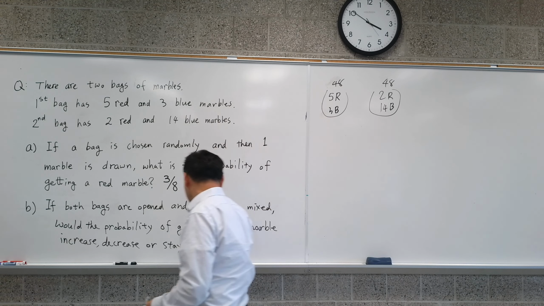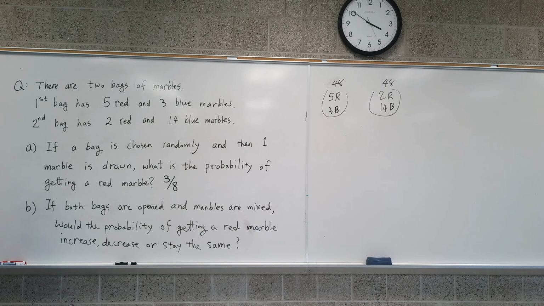Would the probability of getting a red marble increase, decrease, or stay the same? If you didn't think about this for a long time, your first gut instinct is, why would it change? It should stay the same, right? But maybe it has something to do with how you're doing things, so maybe this might change the probability. Let's go and see what's changed.